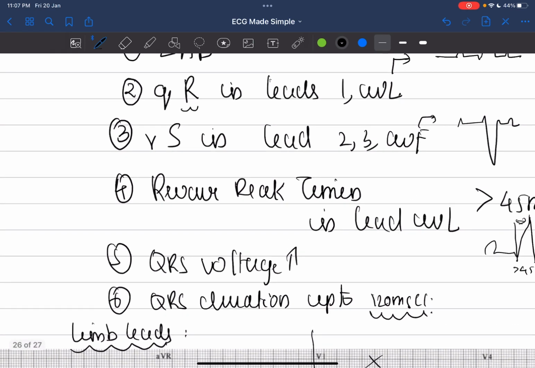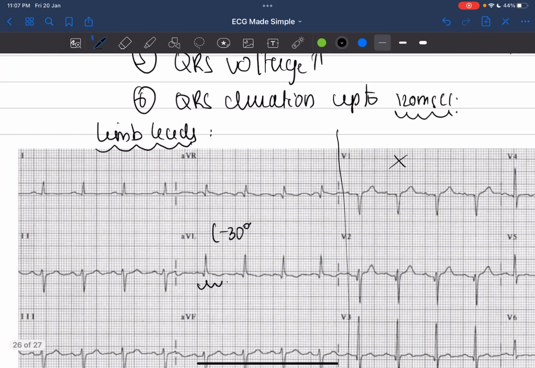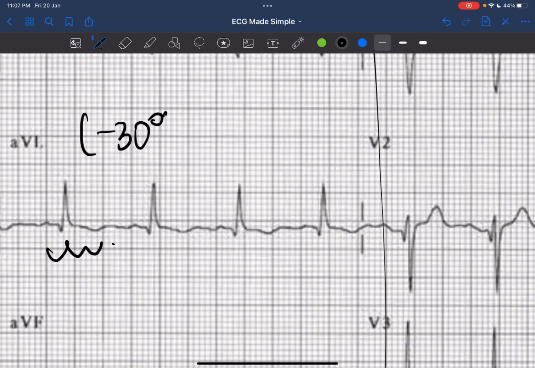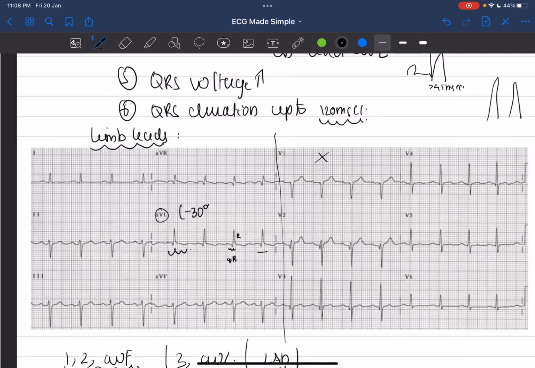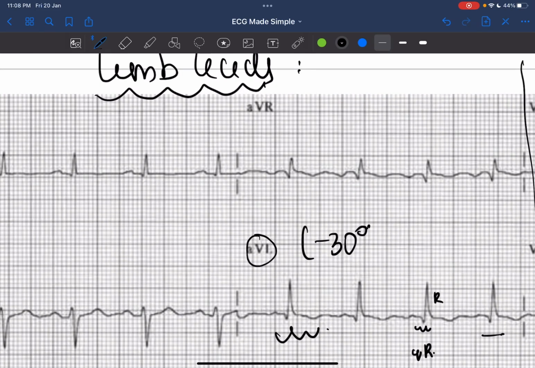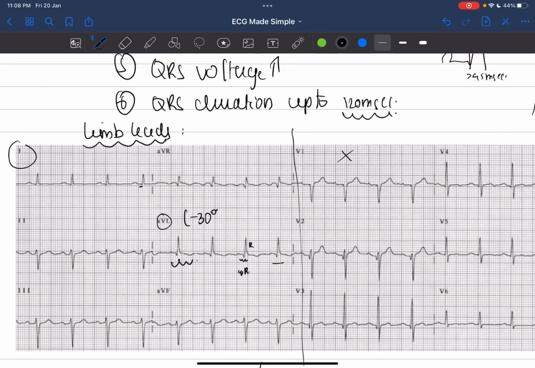And the second one, look at lead 1 and AVL. You have a small Q wave and a tall R wave. So this is an example of a qR complex. It is seen in lead AVL, and in lead 1 there is also a small Q and a tall R wave. So a qR complex is seen in leads 1 and AVL.